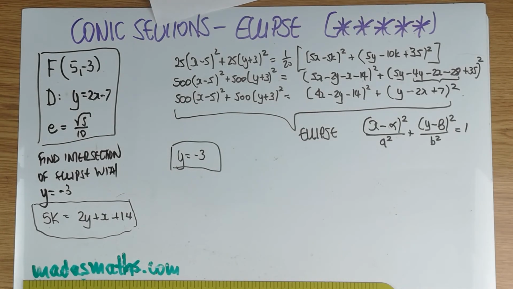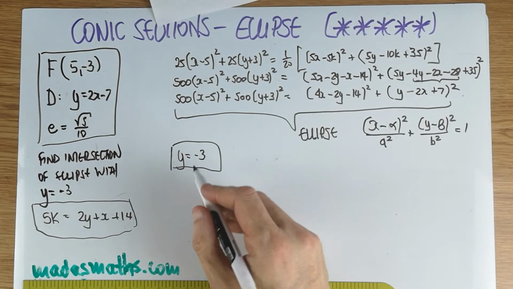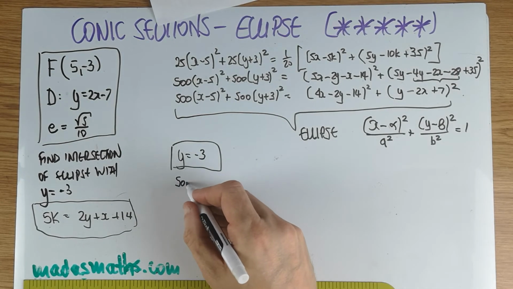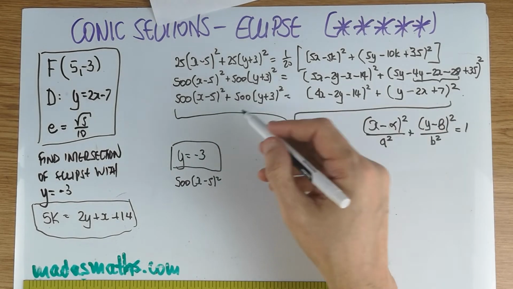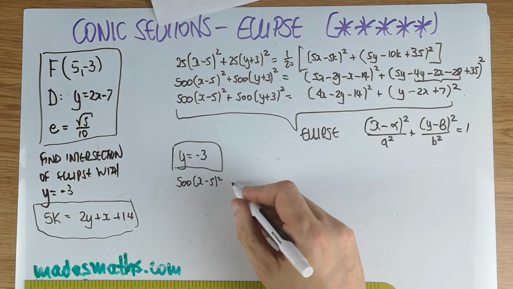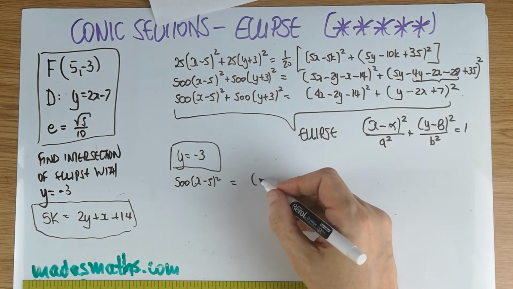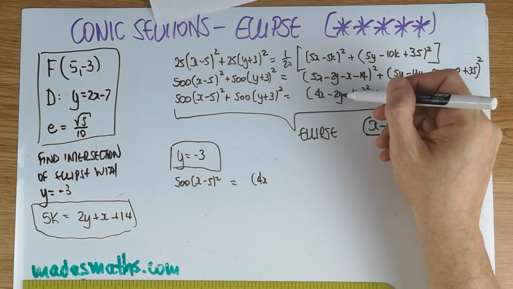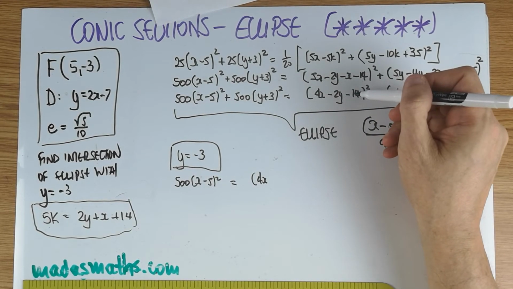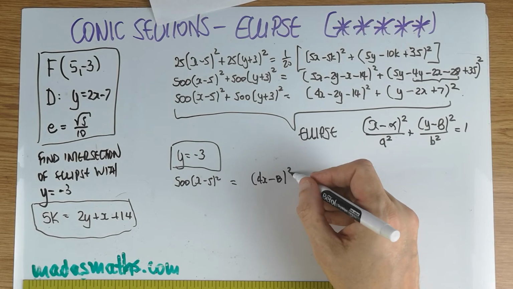So in this mess, we're going to put y is equal to minus 3. A lot of things will simplify. So this equation will become 500 (x minus 5) all squared, putting minus 3 in there, goodbye my friend, is equal to 4x, and putting minus 3, that's going to be 6 minus 14, which is a minus 8, all squared.